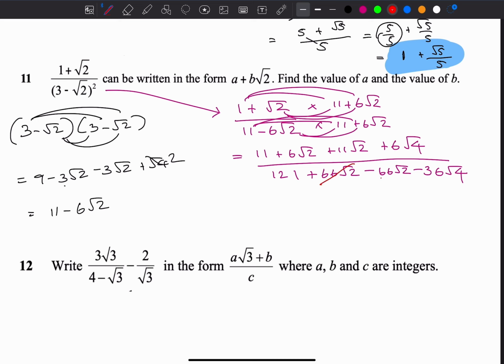Okay, this and this cancel. Root 4 is 2, 36 times 2 is 72. Root 4 is 2, 6 times 2 is 12.